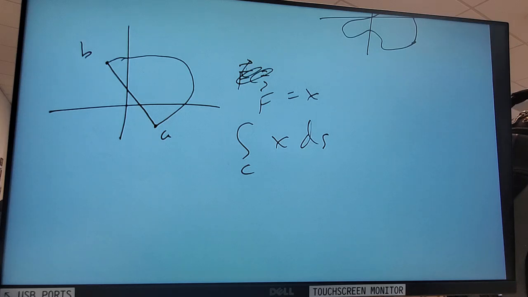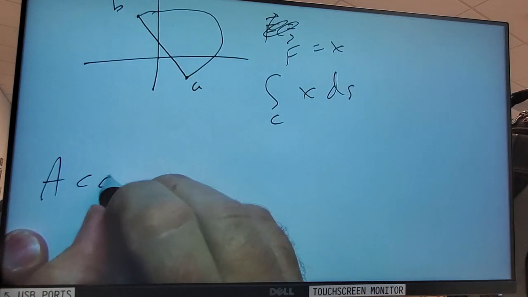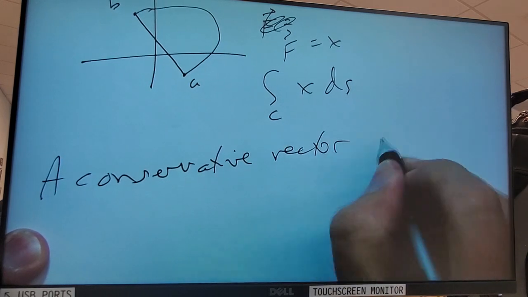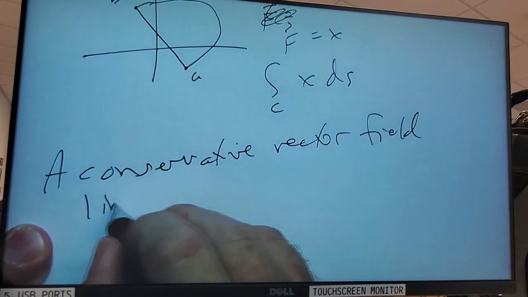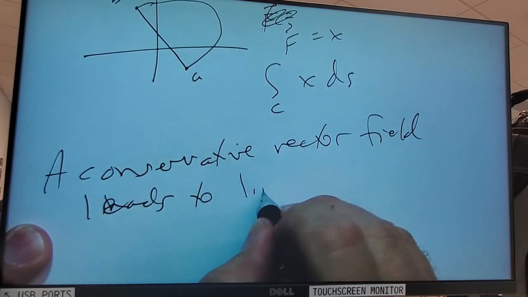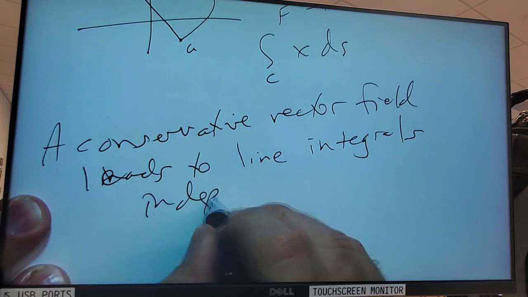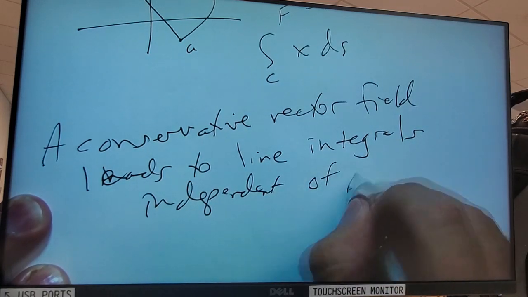So if I have a conservative vector field, the answer to a line integral through it doesn't care how I go from A to B. So a conservative vector field leads to line integrals independent of path.